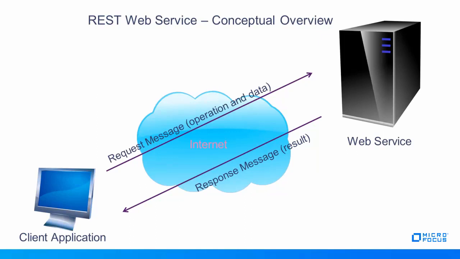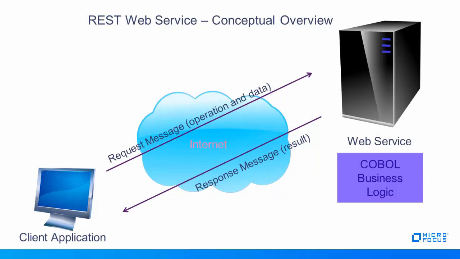A common reason for creating a web service is to take an existing piece of business logic, such as a COBOL program, and allow that logic to be integrated into a different application. Visual COBOL allows your new or existing COBOL programs to be easily implemented as a web service, so that their logic can be leveraged by other applications, regardless of the technology or language used by that application.